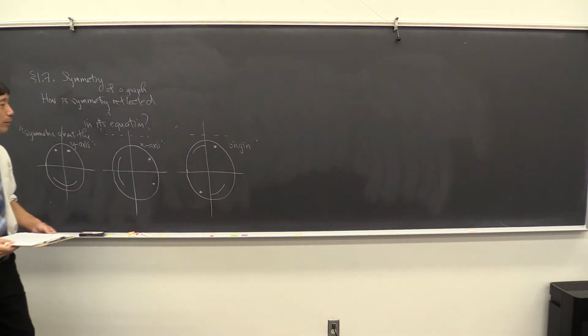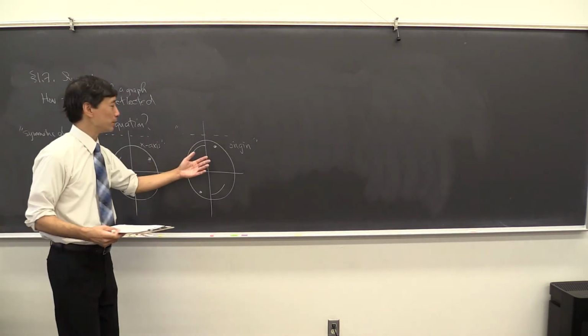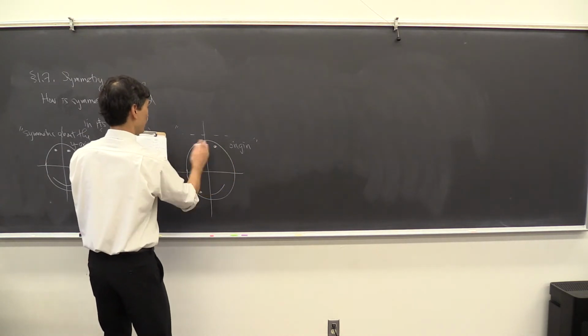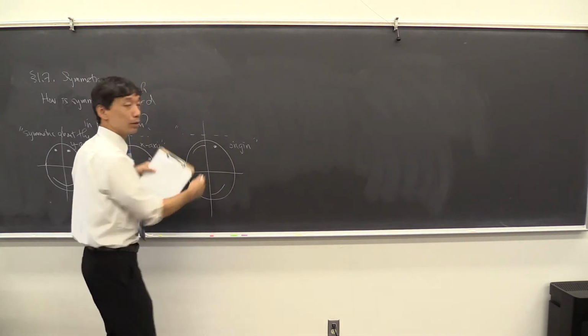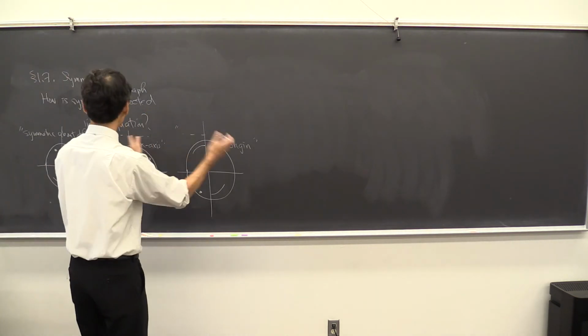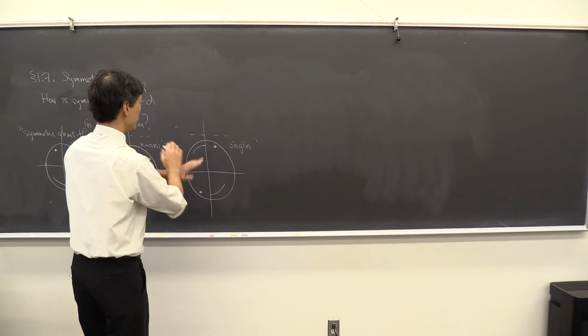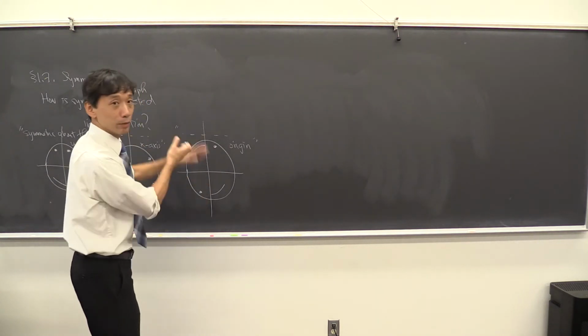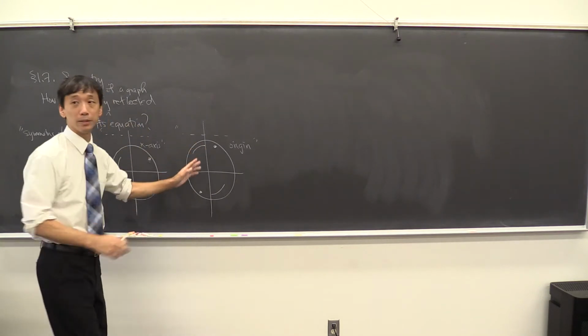That one always didn't make much sense to me, but what it means is that if you reflect the graph this way and then this way, you get the same graph. So you reflect it across the y-axis and then across the x-axis, or vice versa, and you get the same thing.